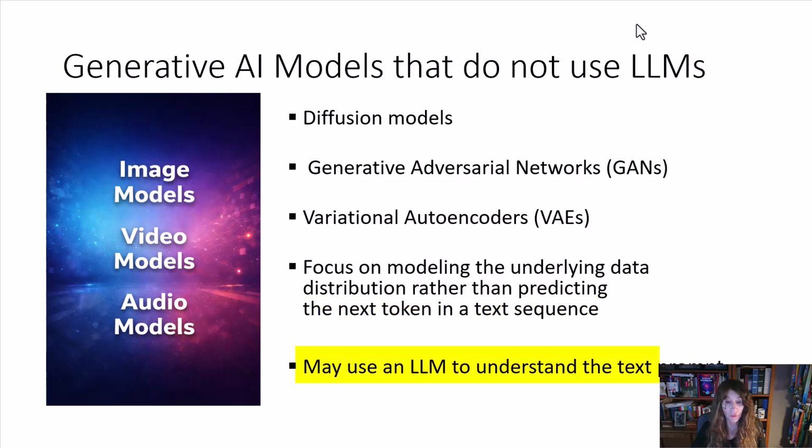These models may use an LLM to understand the text prompt because we typically do ask it to do something for us, such as creating a video. And again, some of these LLMs work with these models so that they can generate images, such as ChatGPT and Gemini.